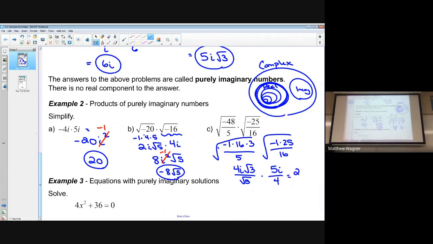So we wind up with 20i squared, square root of 3 over 4 root 5. Remember again, no i squareds in your answer. So we wind up with negative 20 square root of 3 over 16 root 5. You can reduce 5 over 4.